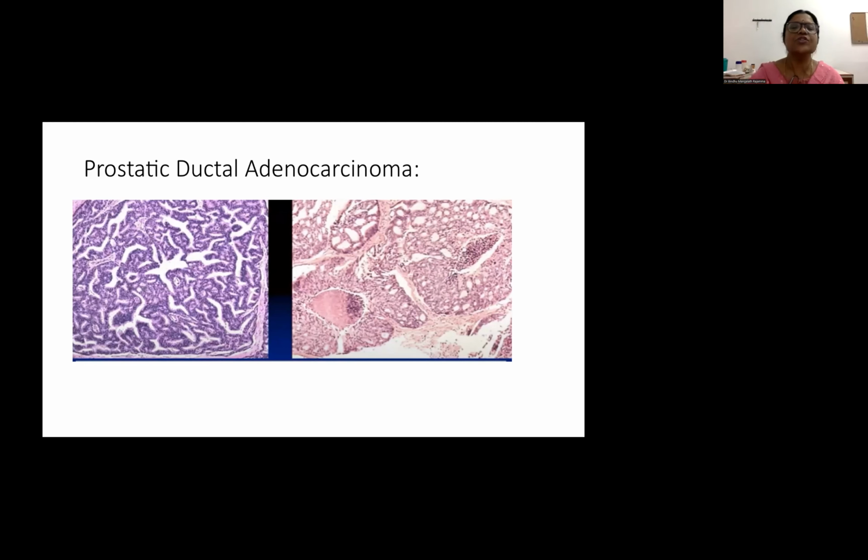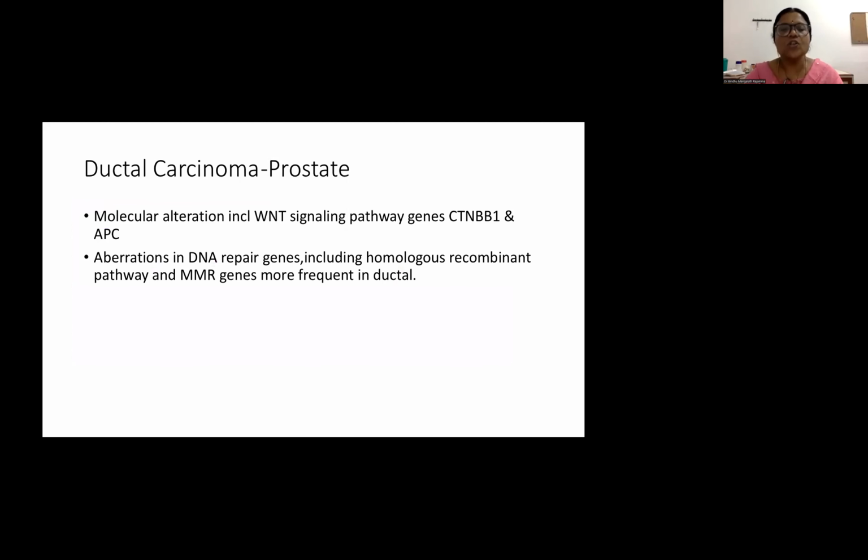In comparison to the acinar adenocarcinoma, the ductal adenocarcinoma forms a small minority, but it also shows other molecular alterations in addition to the ones shown by the acinar adenocarcinoma, like alteration in the WNT signaling pathway, like the APC mutation, as one gets to see in an adenocarcinoma of the colon. And also there is increased alteration in the DNA.